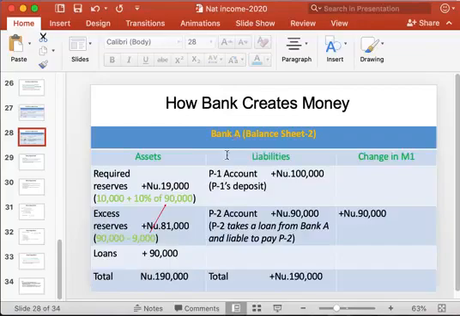The bank A could actually provide a loan to the second person P2 of 90,000, and that led to the change in the money supply of 90,000 Newton in the economy here, which is represented by the change in M1 here.